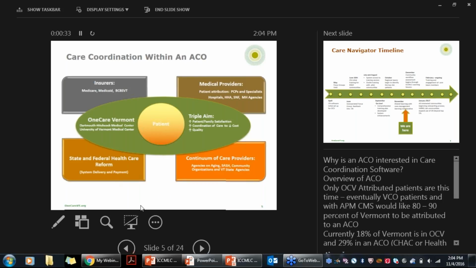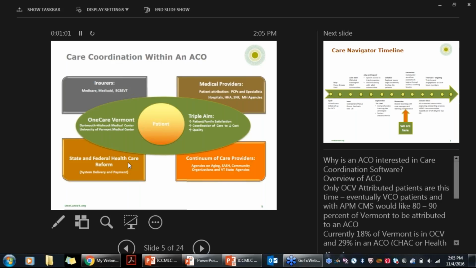This really could be a whole hour-long topic, so we aren't going to go there today, but I always do bring that up: the ability to communicate in Care Navigator is because everyone who has access to Care Navigator is connected to the ACO in some way and to that patient. Therefore, they're able to communicate in the system.